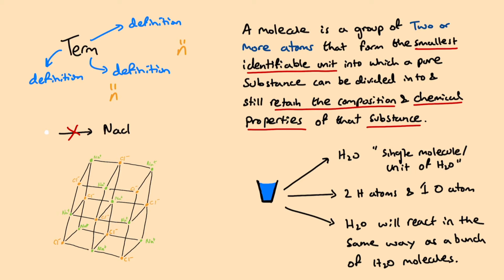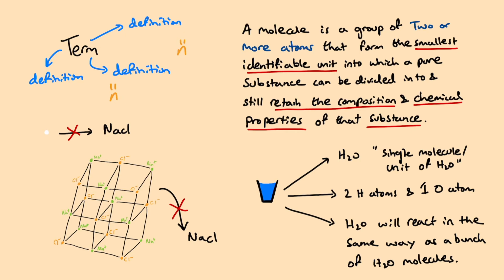Why? Because as we said, the smallest grain of salt still contains that giant ionic lattice structure, which is made of many sodium and chloride ions. And you can't get down to that single molecule of NaCl.